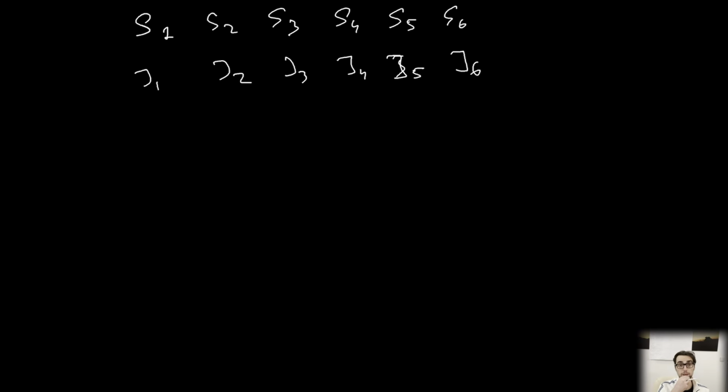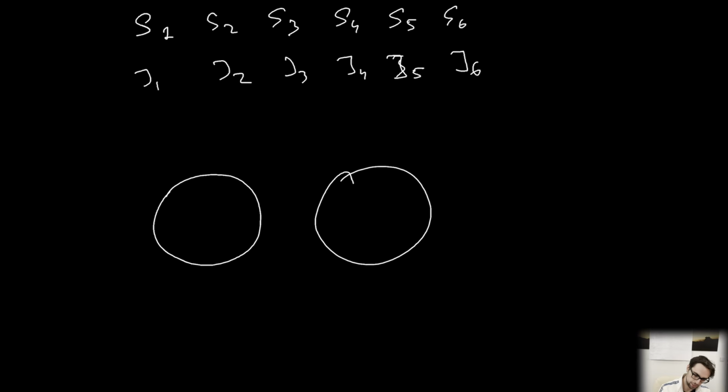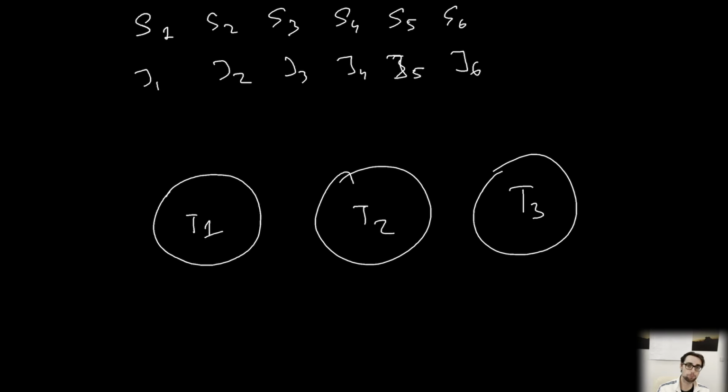Okay, what's the question here? Is it important what the teams' names are? It seems like it's not. What we can do to make things easier is call this team 1, team 2, team 3.